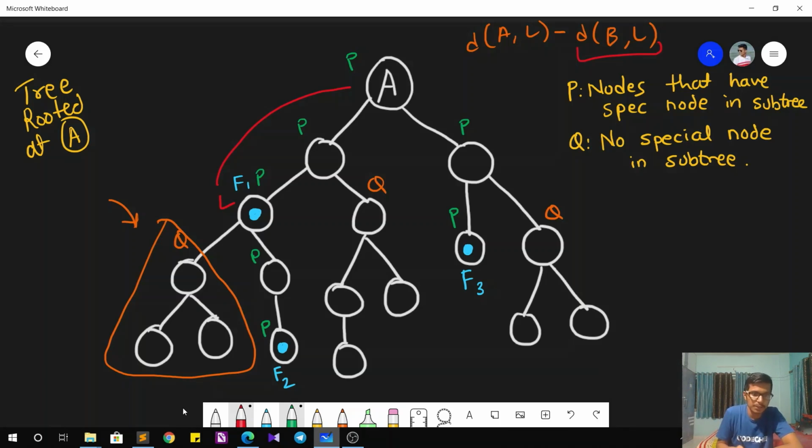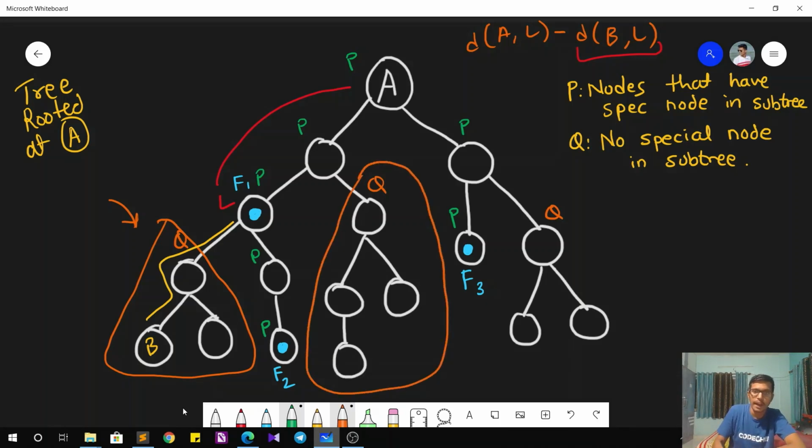Like, let's say this one was my node B and I have to find this distance from B to L, then I need to run a separate DFS. So I will run a separate DFS for all such subtrees that contain only Q type nodes. So this is one subtree, then this one is another subtree, and this one here as well.